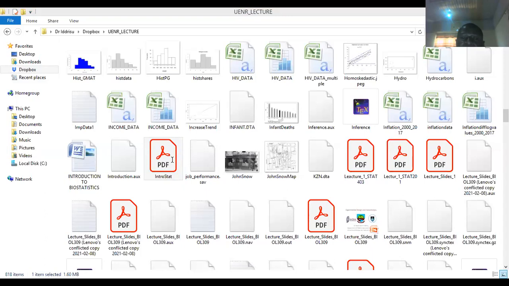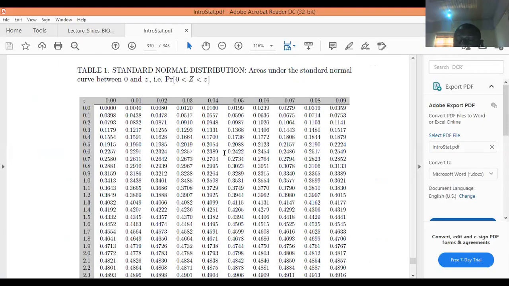Can you see the table? No, sir. Can you see the table now? No, sir. Can you see it?